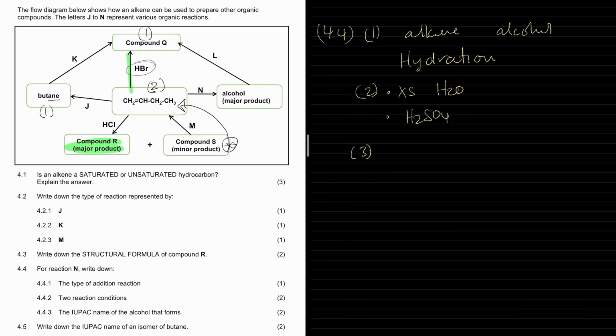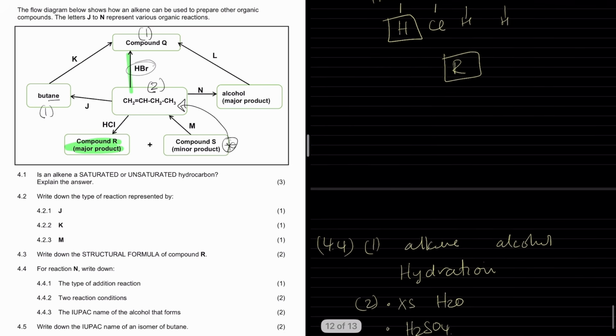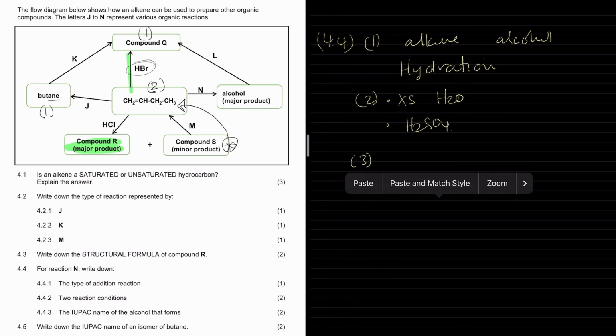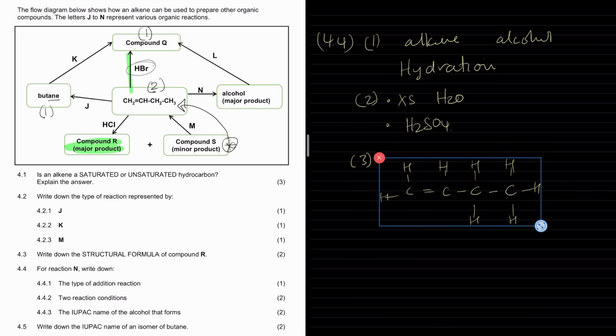4.4.3, for reaction N, write down the IUPAC name of the alcohol that forms. So again, let's just copy this and paste. So this was my alkene. Now we are adding water. So if you're adding water, you are adding two things. You are adding an H and an OH, because water is H2O.